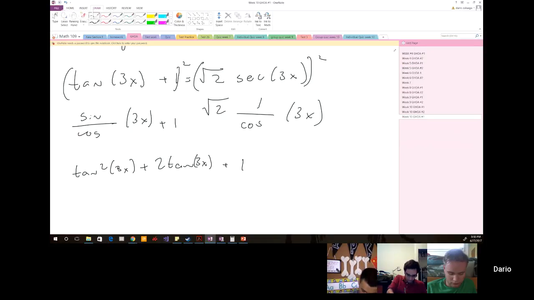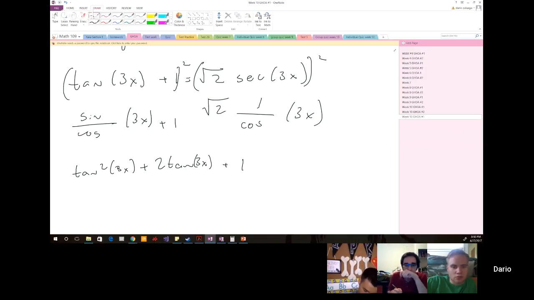All right, it says now that it is multiplied out, use the identity in order to get rid of the secant function and simplify. So secant.